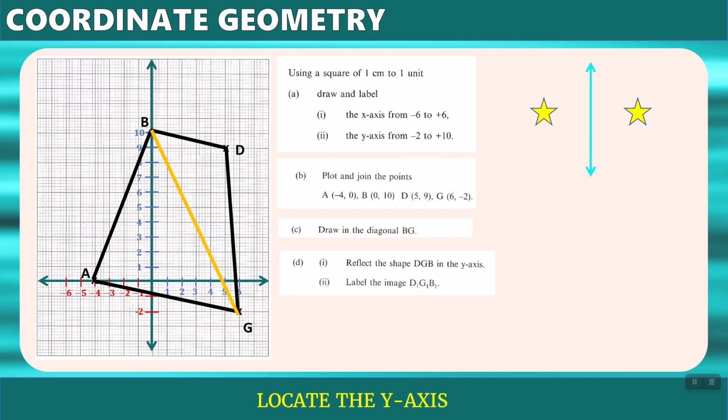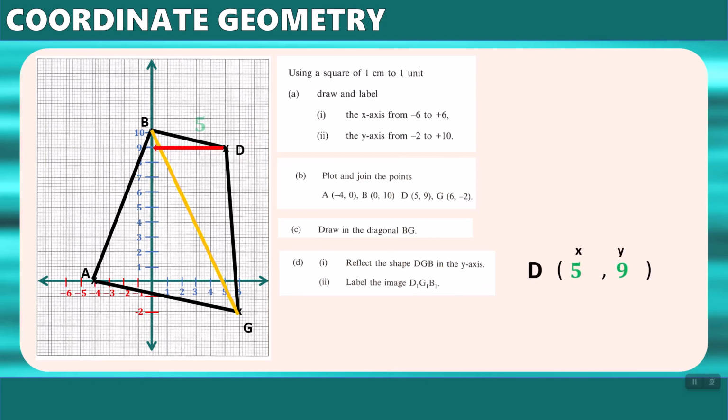So first we locate the y-axis. Here it is. And now we find DGB, one point at a time, and we reflect it in the y-axis. So let's find point D. Here it is. And D is at 5, 9. And D is 5 units away from the y-axis. So we need to count 5 units away from the y-axis in the other direction, and that is our next point, which we will call D1.